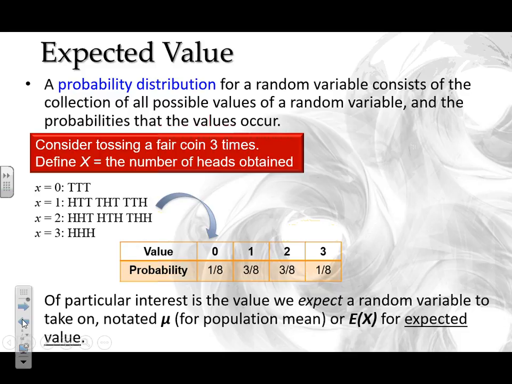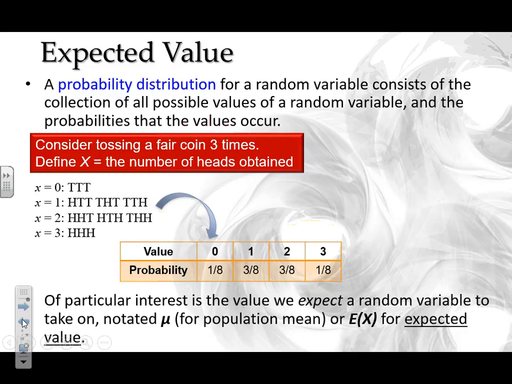That's why we use expected value, which is denoted with a capital E of x, or whatever you decide to call your variable. So if you used y for your variable, it'd be E of y. If you used a, E of a. So expected value you're going to see used either with a capital E, or you're going to see it denoted with a mu.